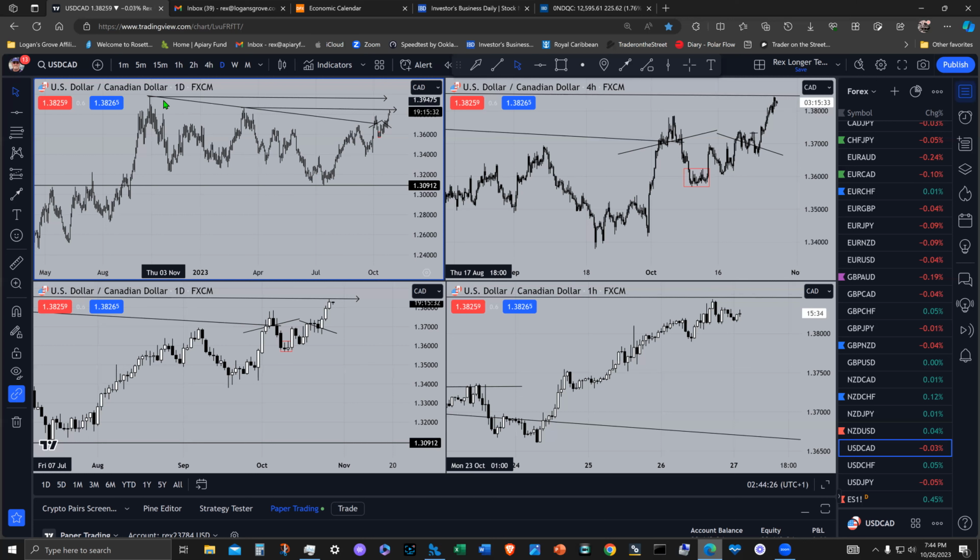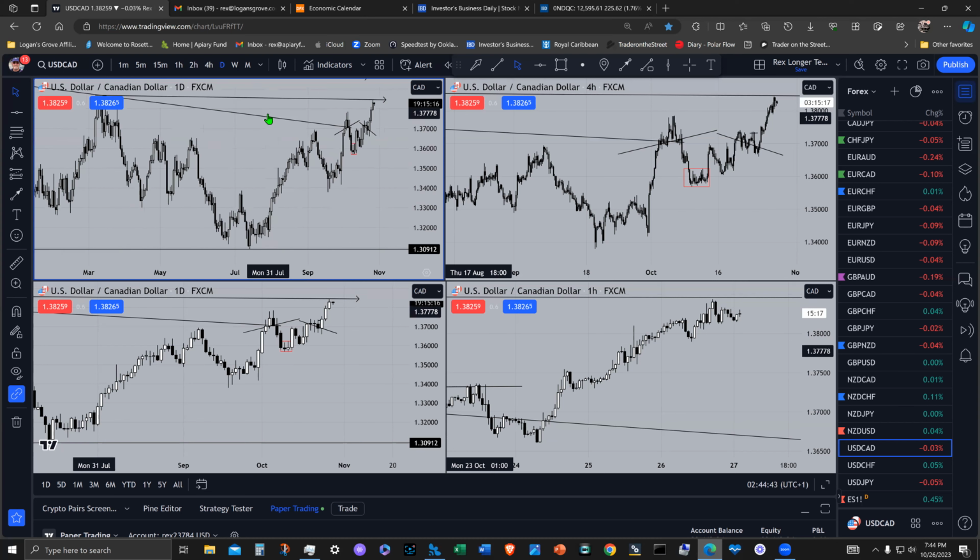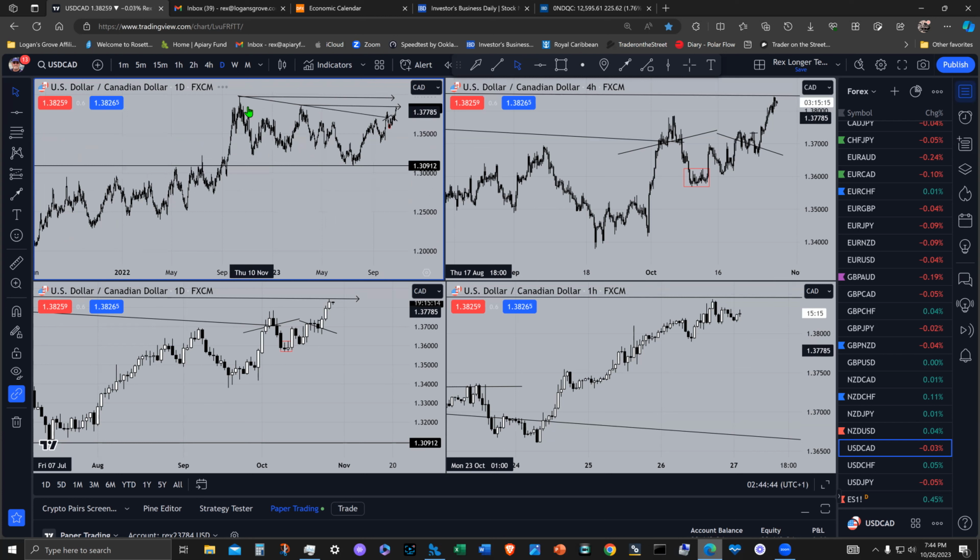Now I could go all the way up to, I don't know if it'll let me read the darn thing. The ticker gets in the way. Can't quite read it.